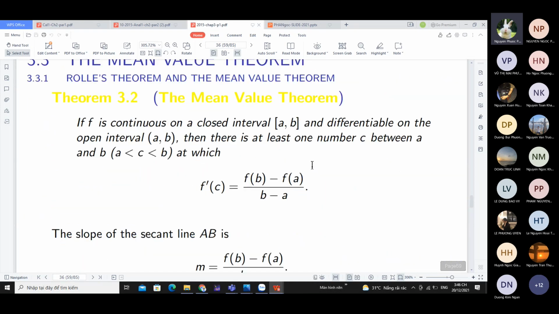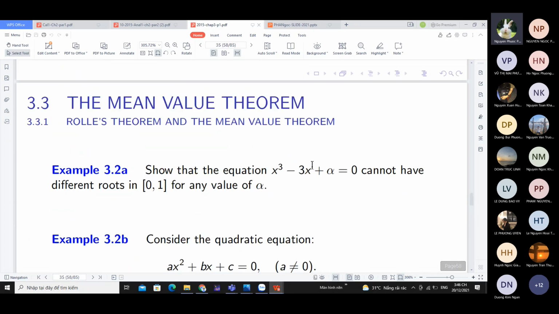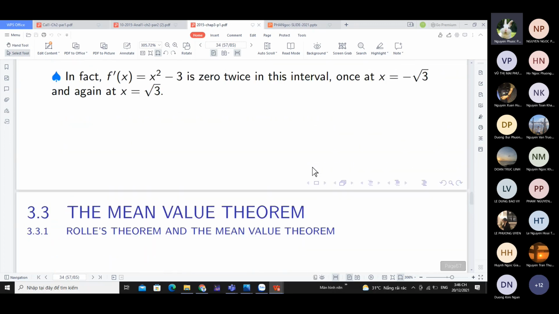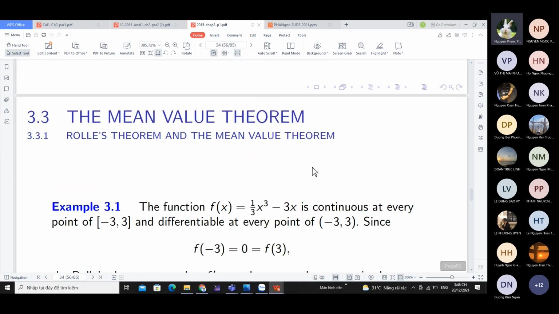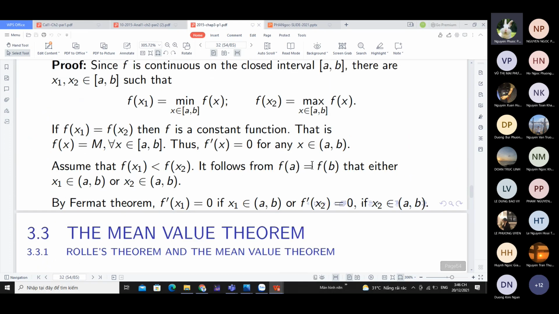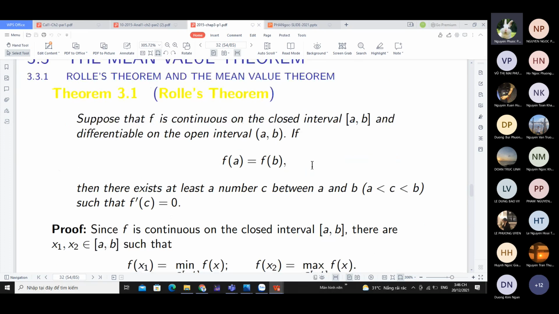Okay, now I want to go back to the Rolle theorem and give you some examples. Now look again at the Rolle theorem. The function f is continuous on the closed interval [a, b], differentiable on the open interval (a, b), and f(a) equals f(b). And we can find a number c between a and b so that f'(c) equals 0.